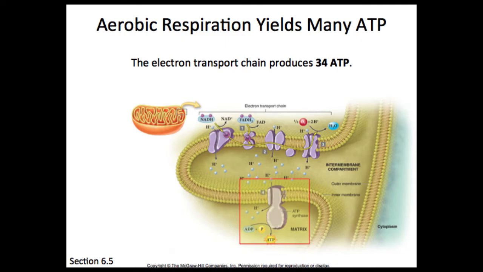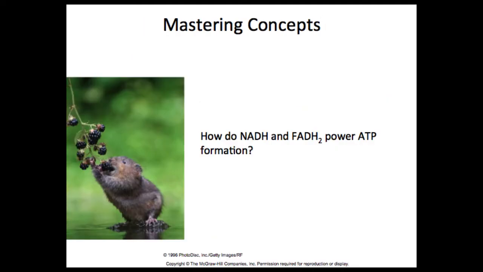At the end of this process, the electron transport chain produced 34 ATP, so that's a lot more ATP than we got in the previous steps of cellular respiration. When you're studying for the exam, make sure that you understand how these electron carrier molecules ultimately power this ATP formation.